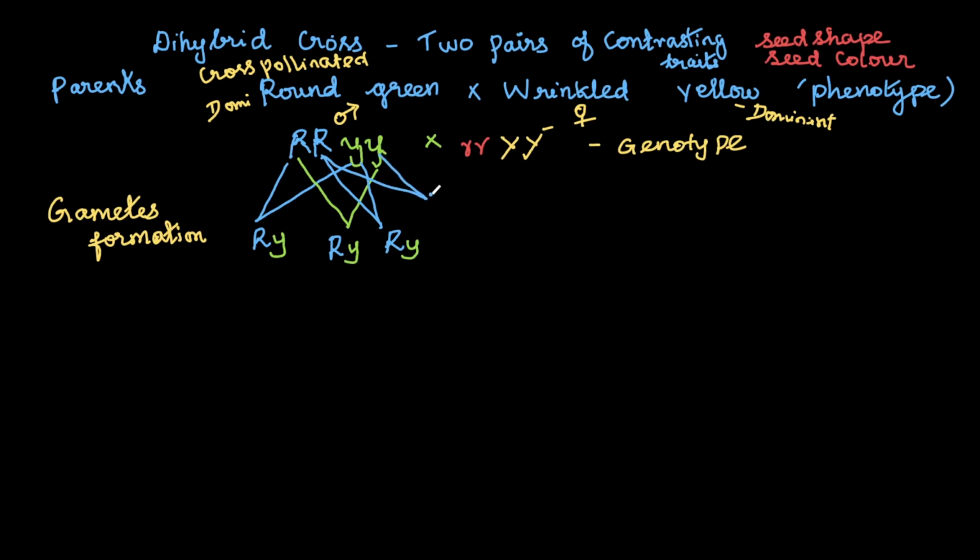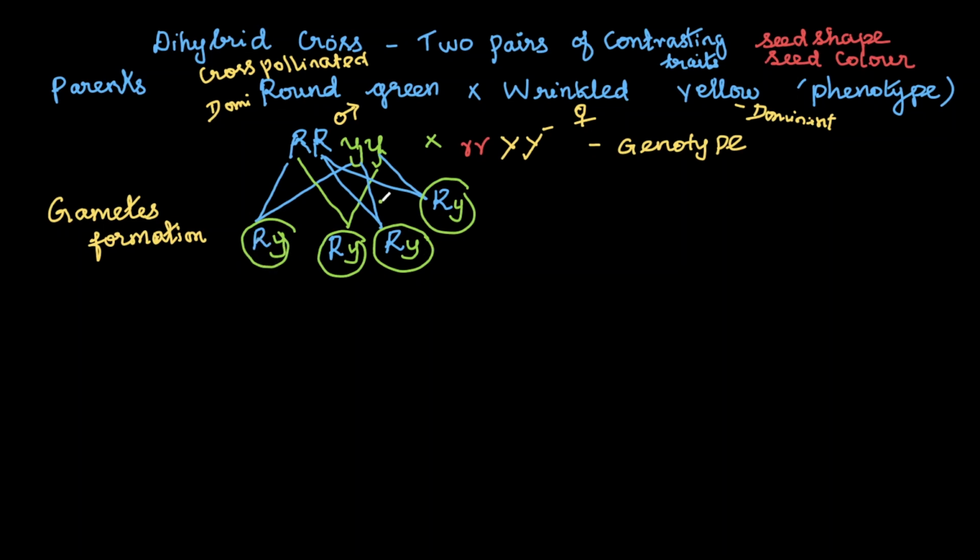So this is the probability of gamete formation. If you follow this, you are able to write the gametes easily. These are the four types of gametes you are getting, but fortunately all four are the same type. All the gametes carry capital R and small y.